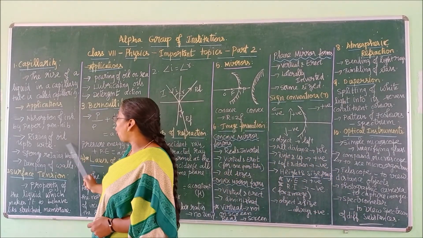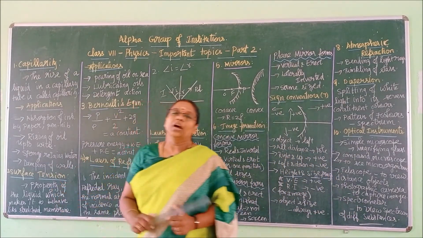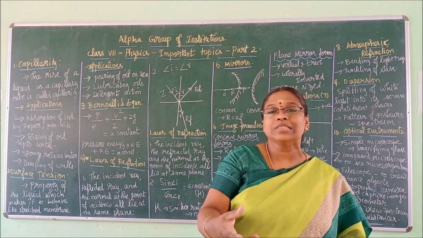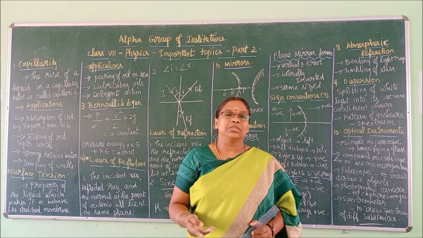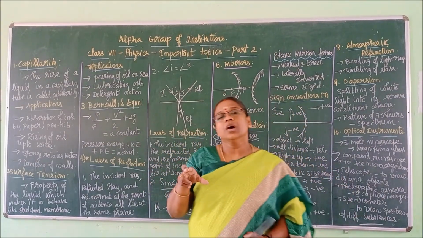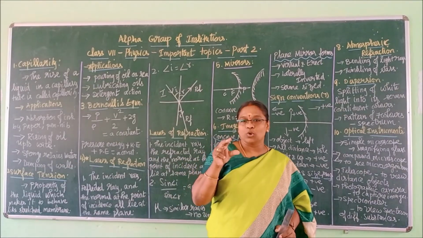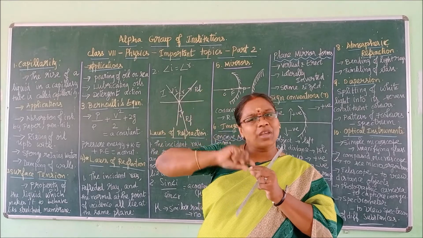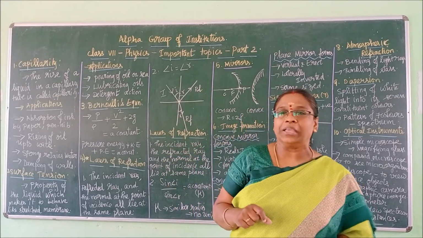Then the rising of oil up the wick. For example, all the lamps we use at home, even your puja lamps or your kerosene lamps, some of us use kerosene lamps also, ordinary lamps. There we have a thread. In Tamil we call it thiri, right?